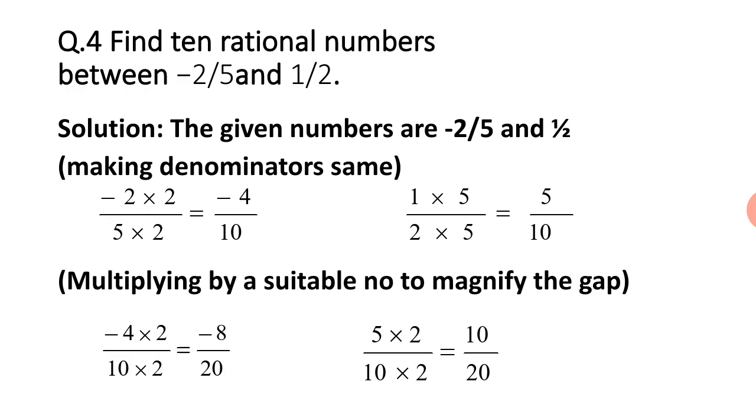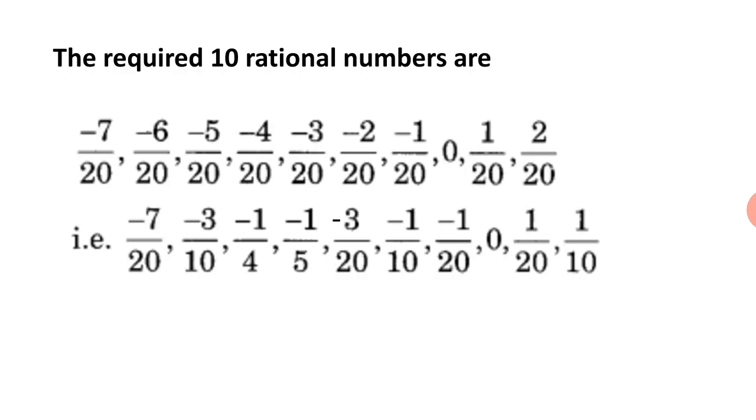So now -4 by 10 has become -8 by 20. And 5 by 10 has become 10 by 20 just by multiplication by 2. Now there is a big gap between -8 and 10. You select any 10 numbers on your own and write it.